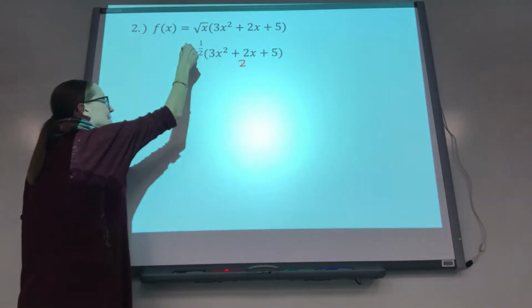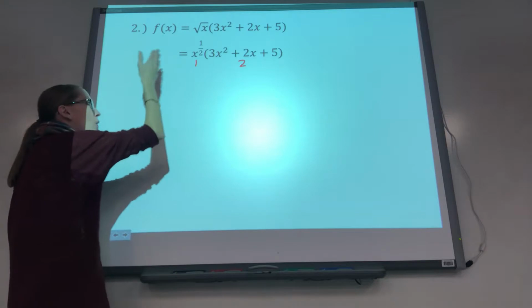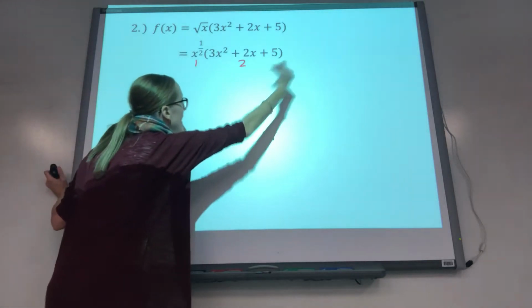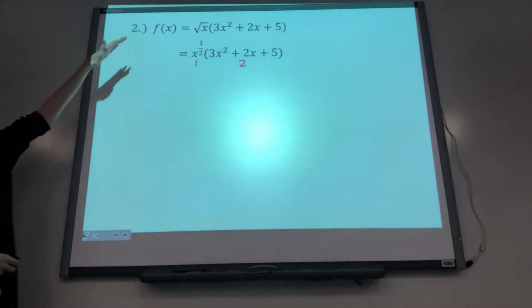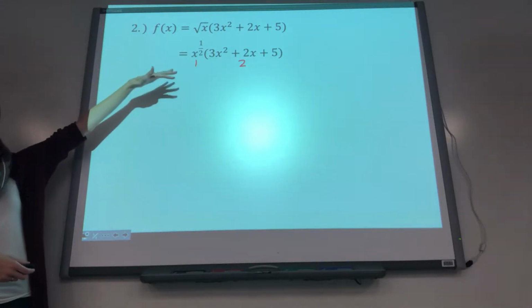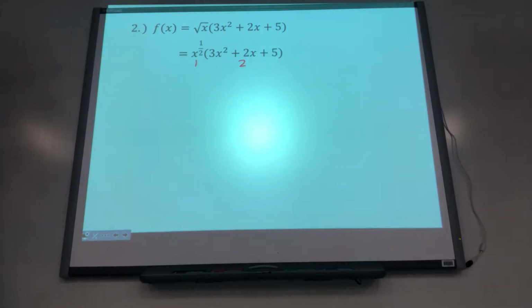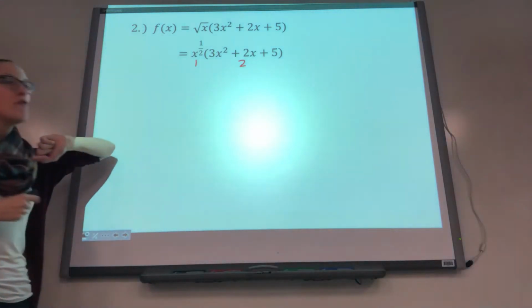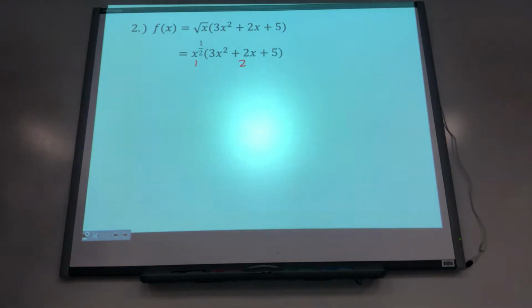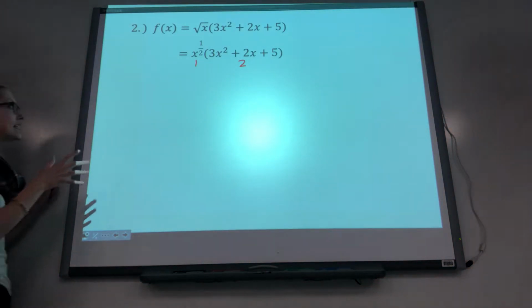So again, that little term right there is the 1, and that big quantity in back is the 2. I haven't taken the derivative yet. That is still the original function. Of all the problems today, this one is possibly the most complicated because of that rational exponent, so follow very closely here.